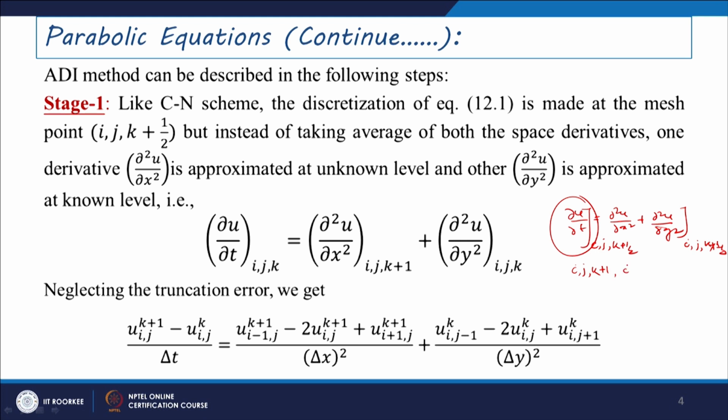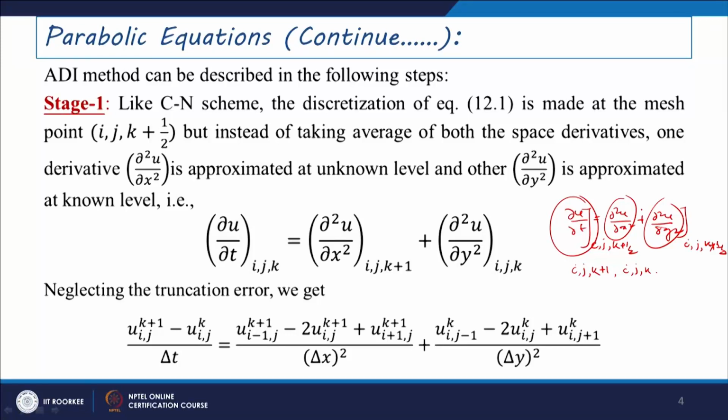But if we consider the space derivatives, we take the average of the space derivatives in the x direction at the kth level and the x and y direction derivatives at the k plus 1th level, and take the average to get it in a compiled form. So one derivative, del square u by del x square, is approximated at the unknown level for this scheme, and the other, del square u by del y square, is approximated at the known level.